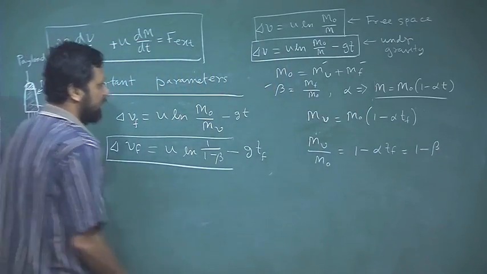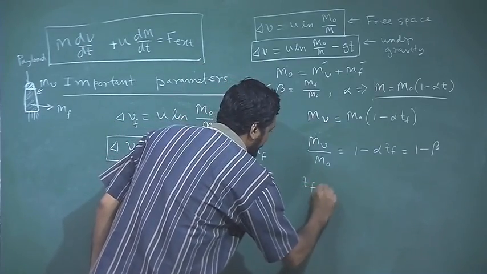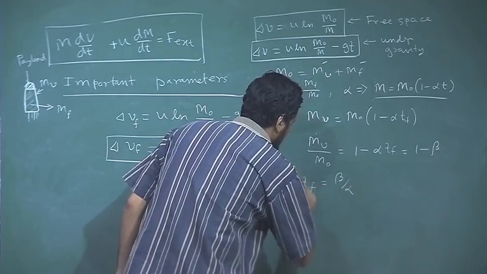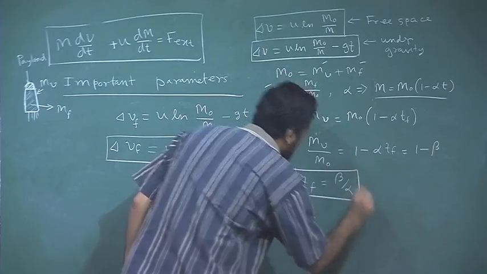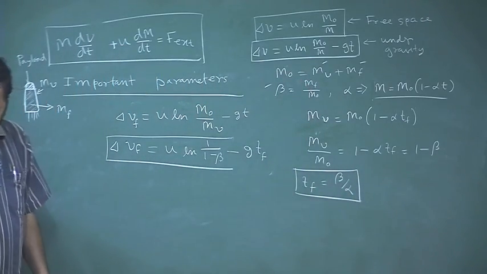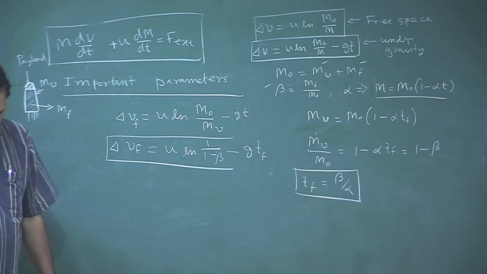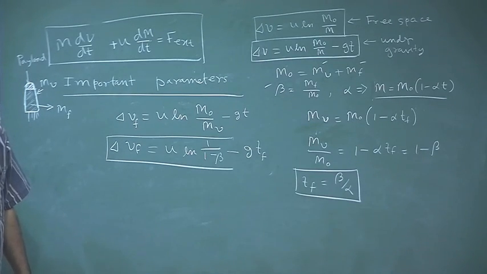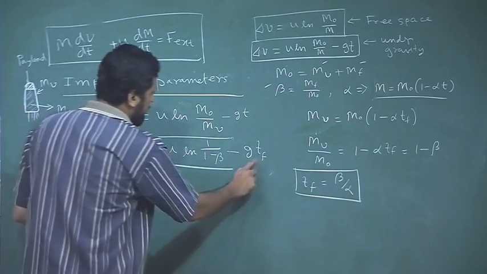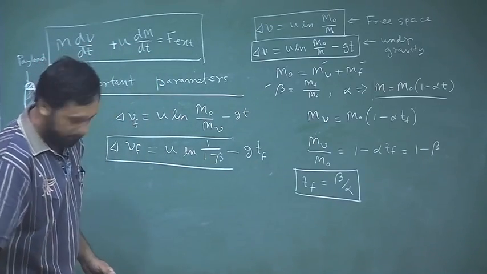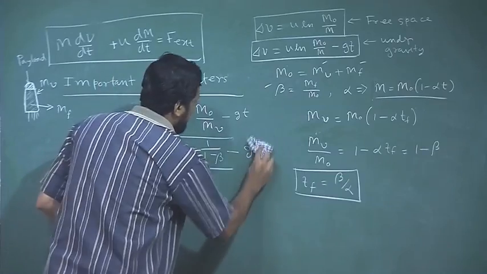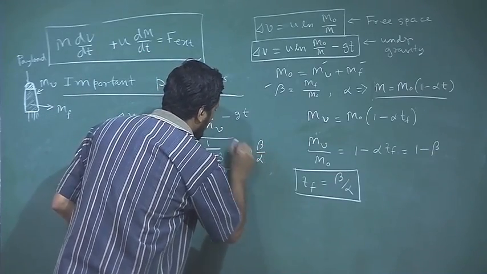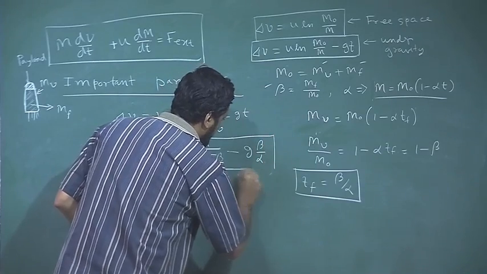That gives us Tf equal to beta by alpha. So our time of flight for motion under gravity is given as beta by alpha.